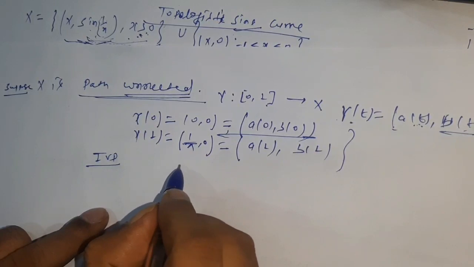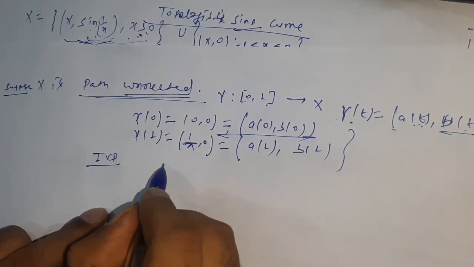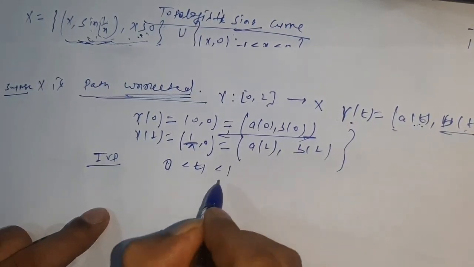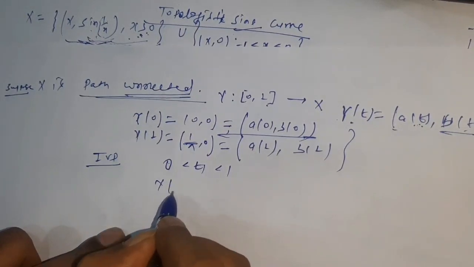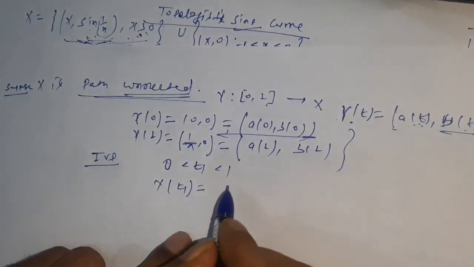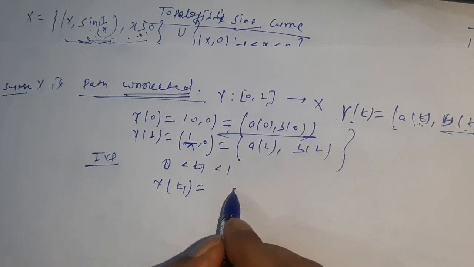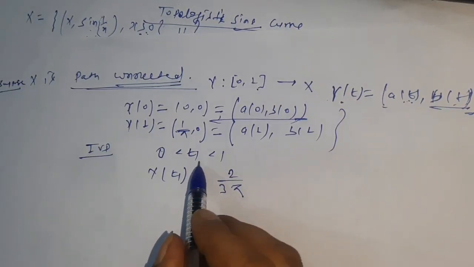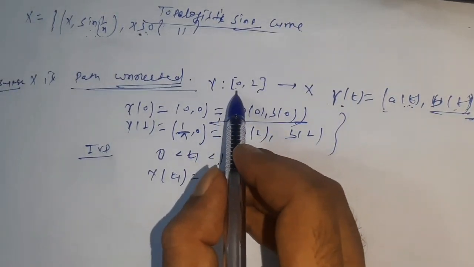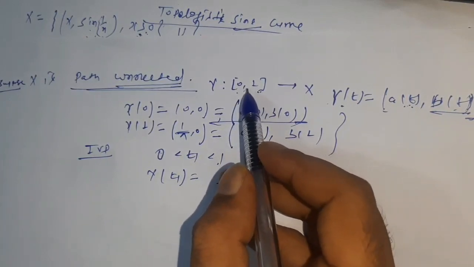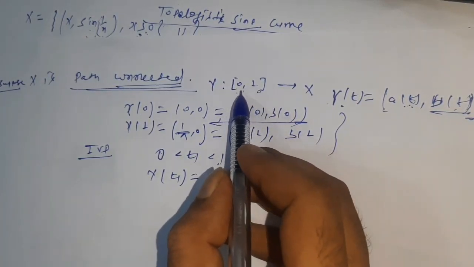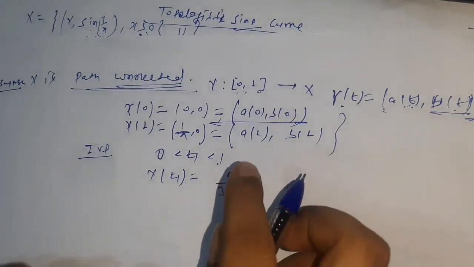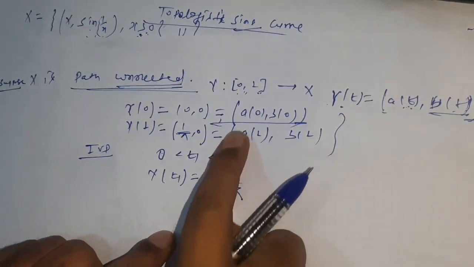If you take t1 belonging to 0 to 1, that means gamma t1 is equal to 2 by 3 pi. You can get one t1 belonging to 0 to 1, because I have taken the image of 0 and 1, so any point lying in this interval is in the range of this continuous function, and this is a continuous function.